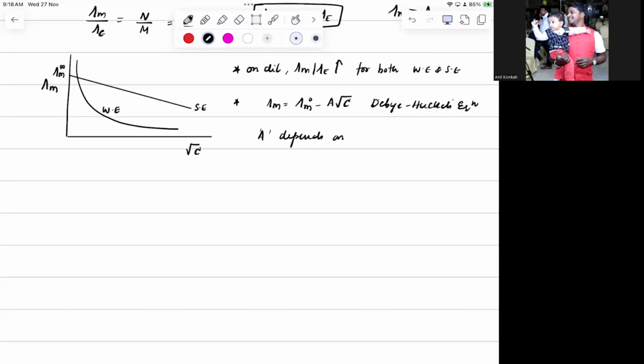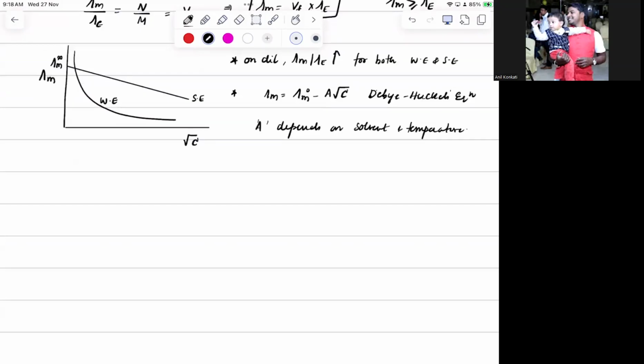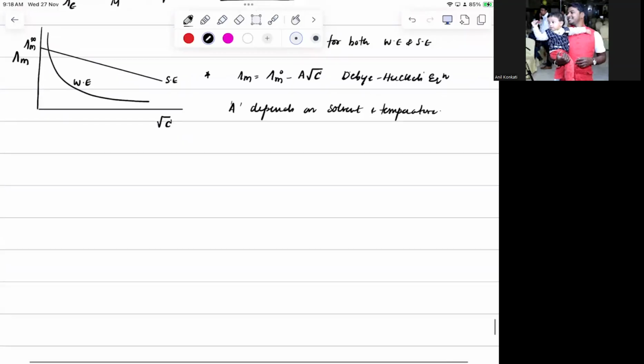The A value depends on the solvent nature and temperature, as well as electrolyte charge or valence.